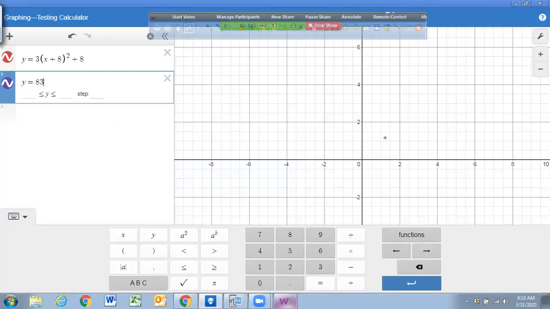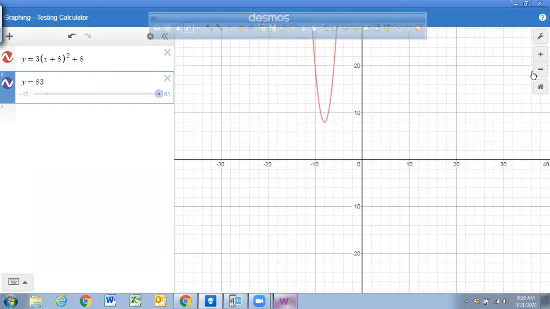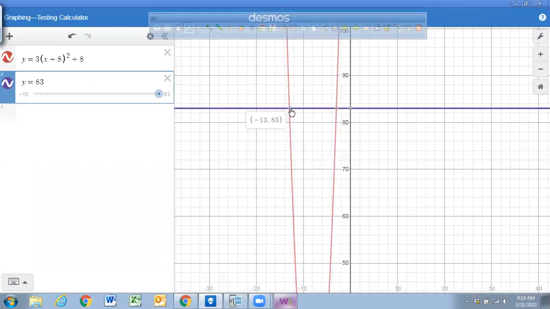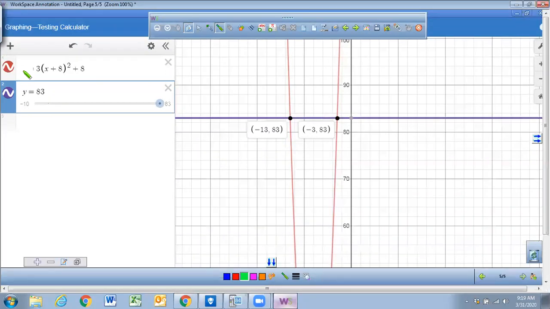You can't see anything happening because you have to zoom out to see where this intersects. It intersects at negative 13 and at negative 3. When you set it up like this, you put one here, put another one here, and you see the points of intersection give you your two answers. There's the negative 13, there's the negative 3 that we found.